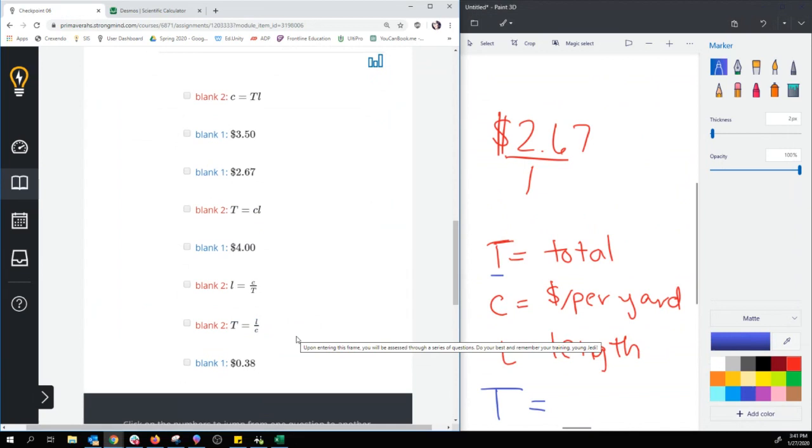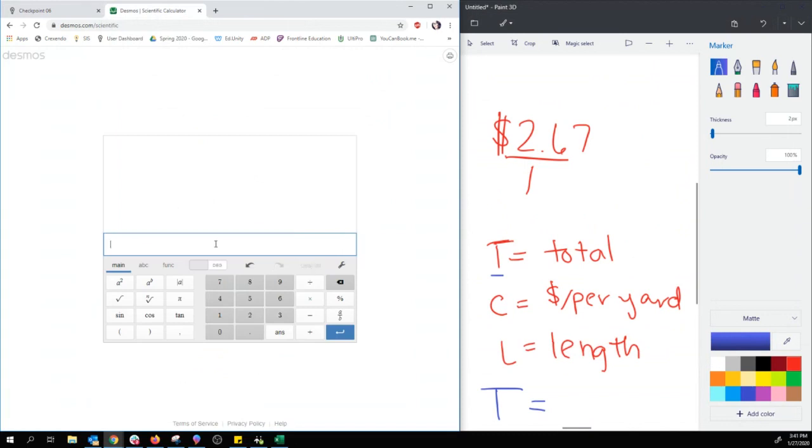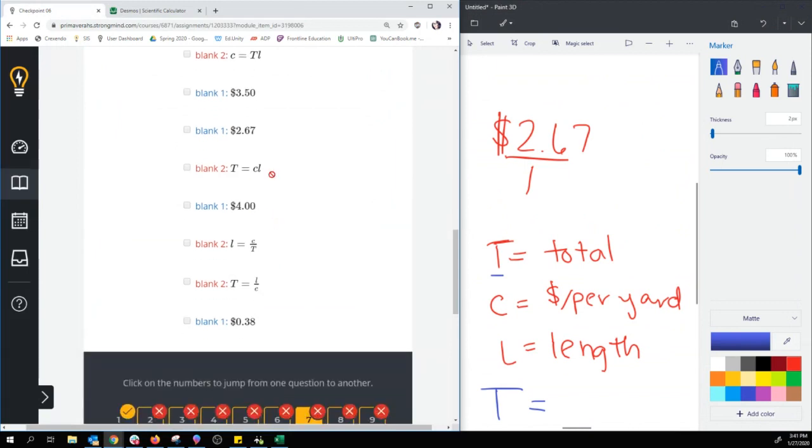If you are multiplying, your final answer will get bigger. So multiplying, yes. And you can try it: if I'm buying 5 yards of fabric and I do 5 divided by 2.67, I get a number that's smaller than it would be for 1 yard of fabric. Sometimes you just have to play with the numbers a little bit. So for blank 2, I'd want to have T equals DL for multiplication.